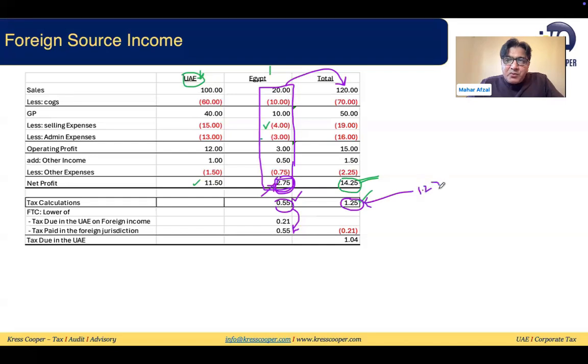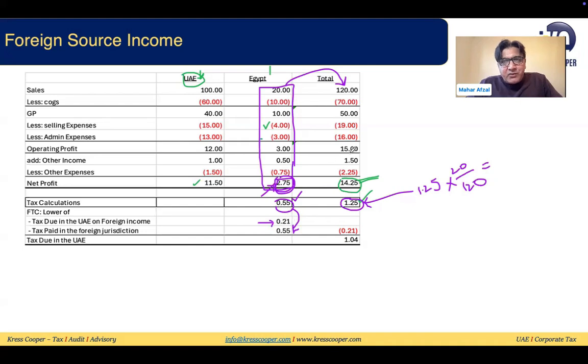If I'm applying the weighted average method, how much is the income of Egypt? 20. How much is the total income? 120. 1.25 multiplied by 20 divided by 120 is 0.21. So this is the tax due on the foreign source income.